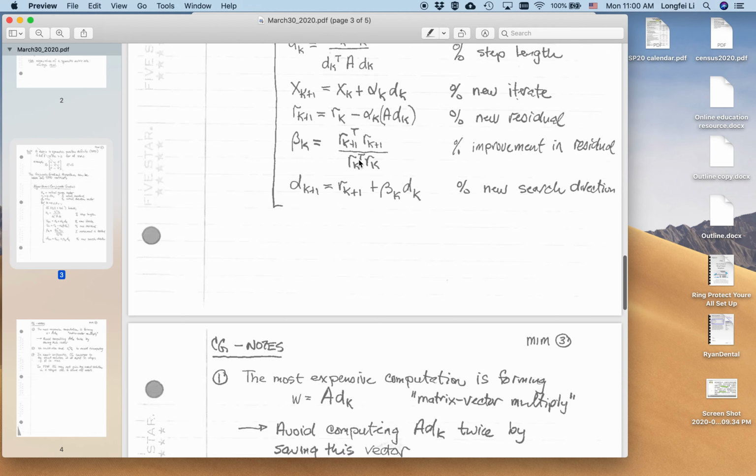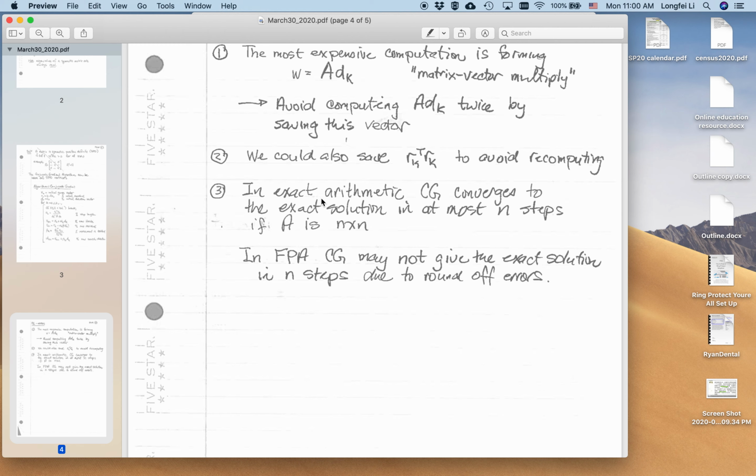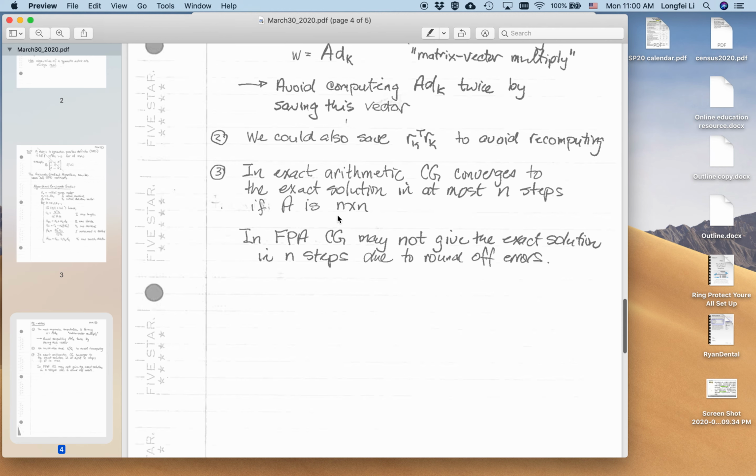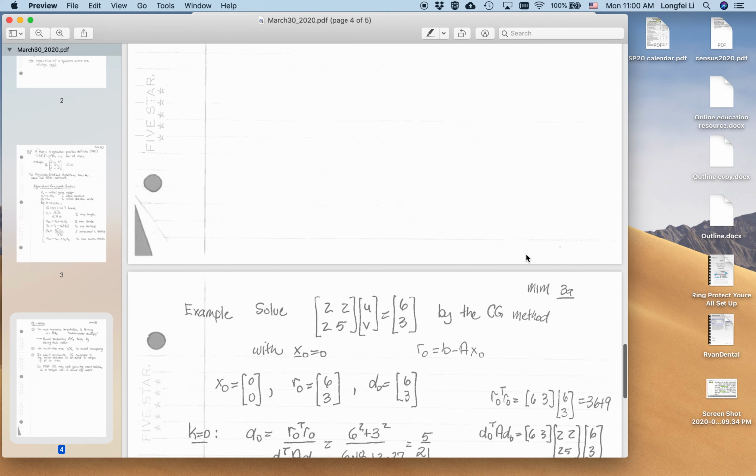Therefore, we may want to save this to avoid recomputing r k in our algorithm. Okay, so in exact arithmetic, the conjugate gradient converges to the exact solution in at most n steps if A is an n by n matrix. And in floating point arithmetic, the conjugate gradient may not give the exact solution in n steps due to round-off errors.